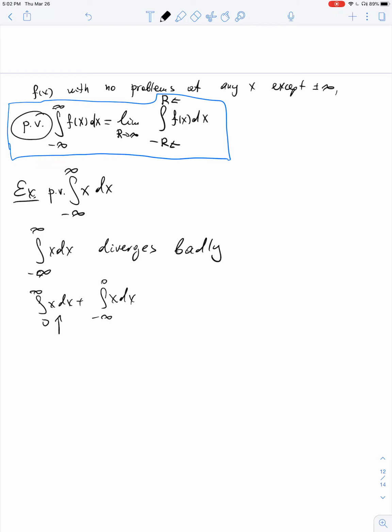And this thing is already plus infinity because x has an antiderivative, x squared over 2. When we plug in infinity, we get infinity.